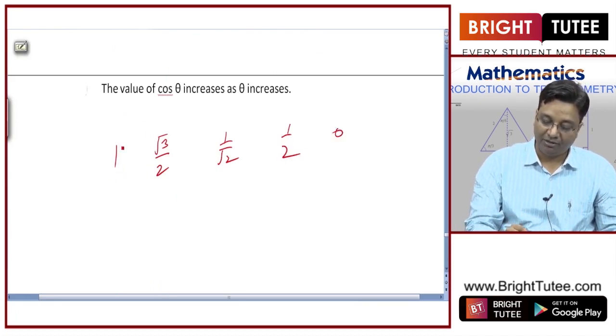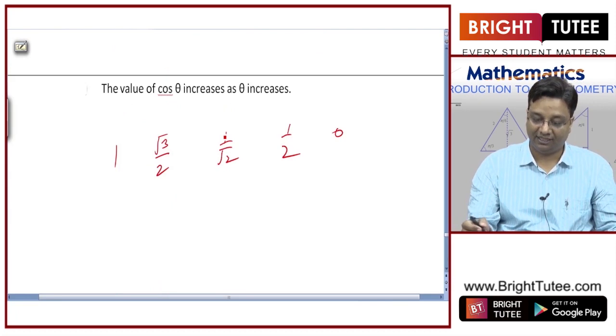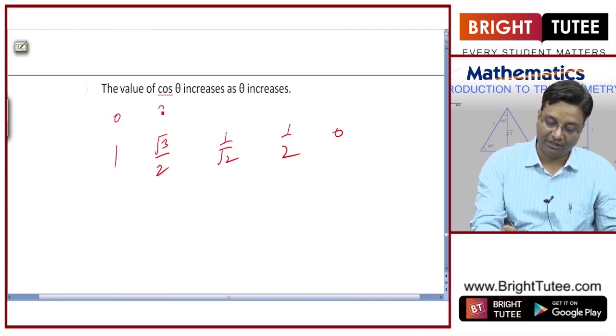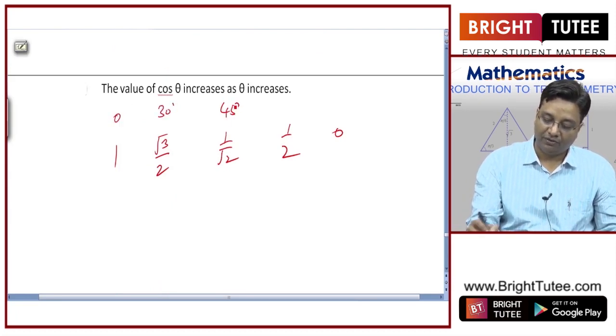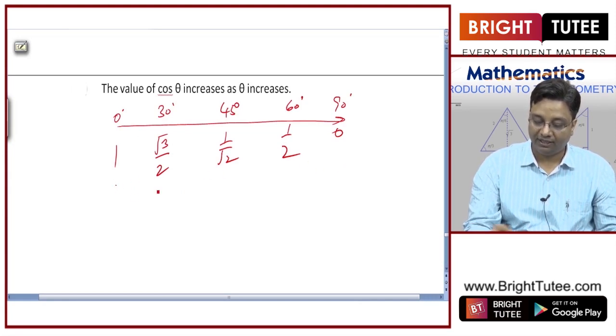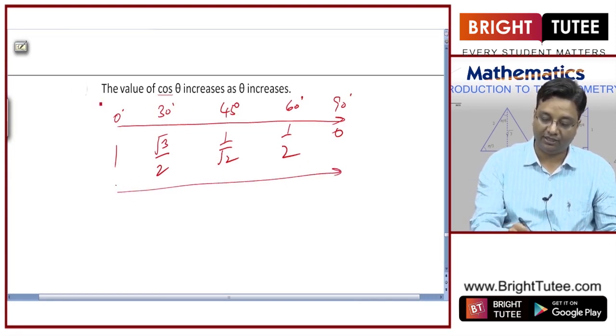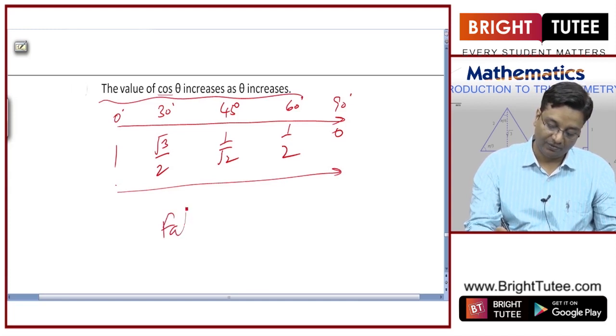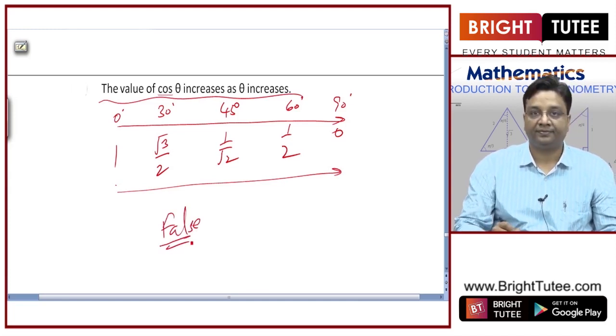So you see the values of cos theta are decreasing as theta is increasing. How is theta behaving? 0, 30, 45, 60, 90. So theta is increasing here, right, while the value of cos theta is decreasing, right? So this statement is false. Okay.